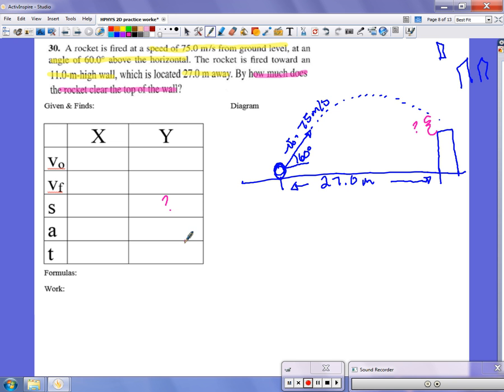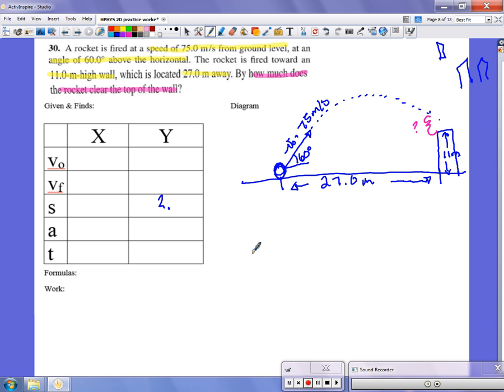So I'm going to put a question mark in here, in a different color so you're clear that that is not the y displacement on that side, that is the difference between the y displacement, which is here, and the wall. And the wall is 11 meters high. Let's put that in our diagram so we have everything nice and visual for us.